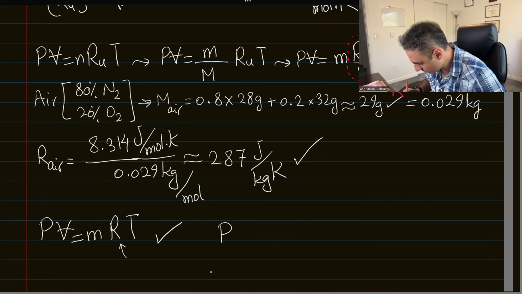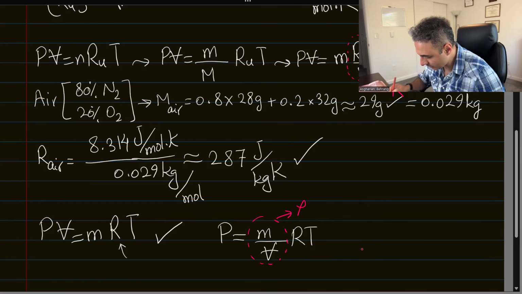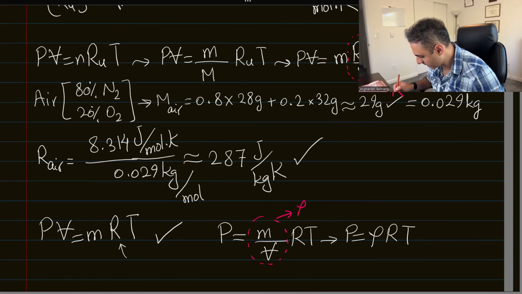I can rewrite this whole thing as P equals m over the volume times R times T. And m over V, what is it? That's density. Now I can rewrite this as P equals density times R T. That's the pressure, and that's density.